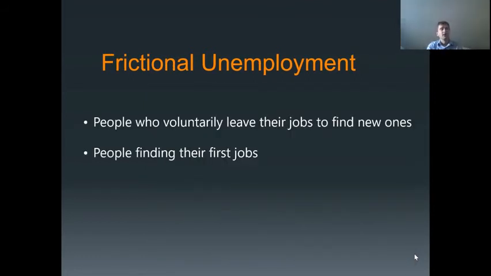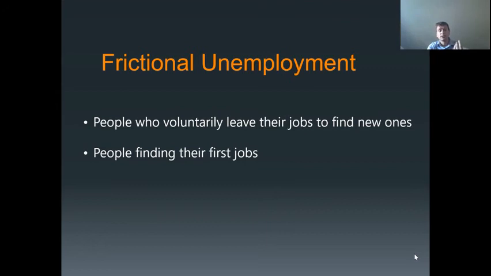You have a greater quantity supplied than demanded, the difference between the two being the structural unemployment. Frictional unemployment is also something that's never going to go away. We're always going to have a certain level of frictional unemployment, and we're always going to have a certain level of structural unemployment in our economy. Frictional unemployment is when people are voluntarily leaving their jobs to find new ones. So if I quit my job tomorrow, I will be frictionally unemployed because I voluntarily left. If I move and have to find a new job, that is frictional unemployment.